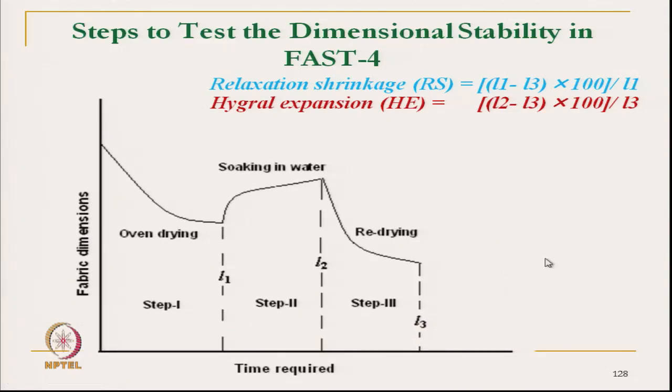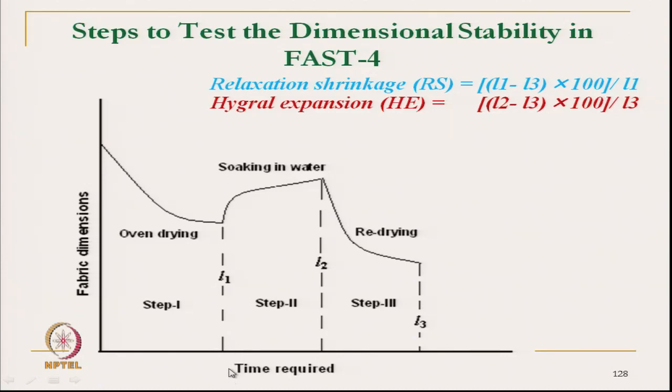Now, let us see the total steps. In step 1, we first oven dry the fabric and get the dimension L1, length or breadth, whatever dimension we want, warp-wise or weft-wise.